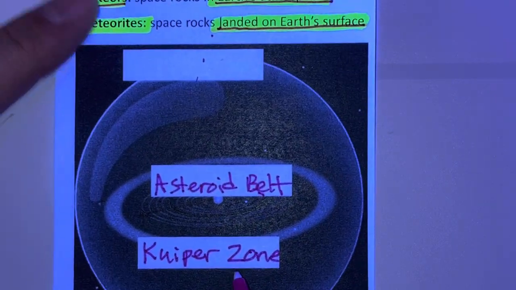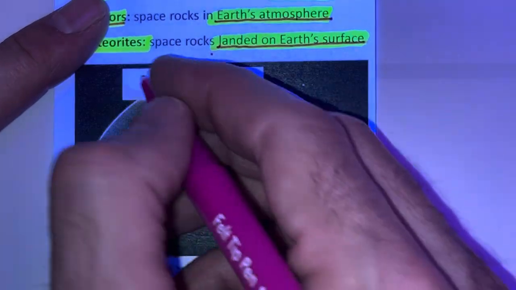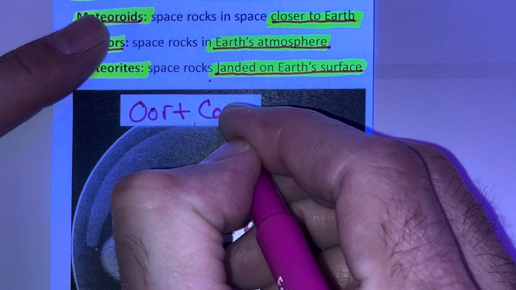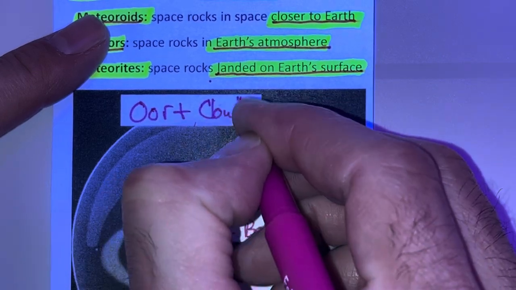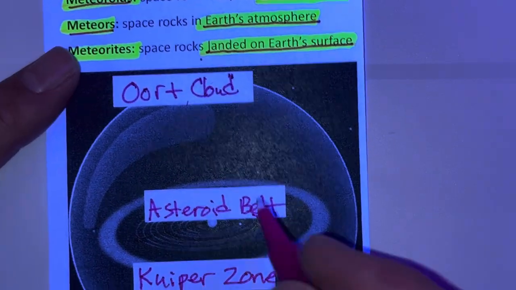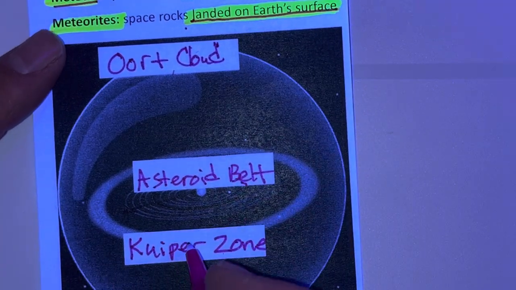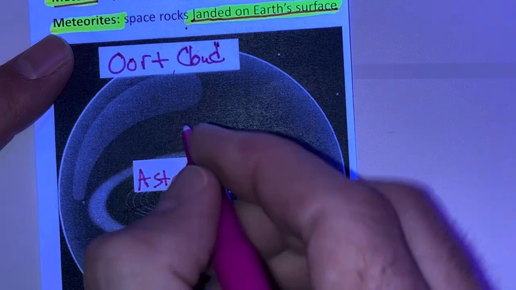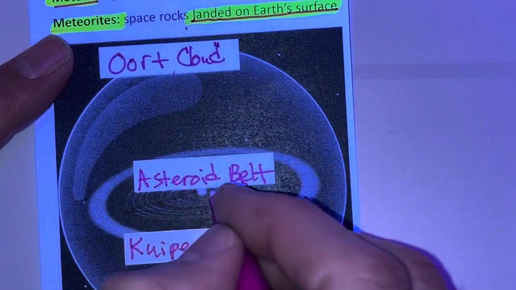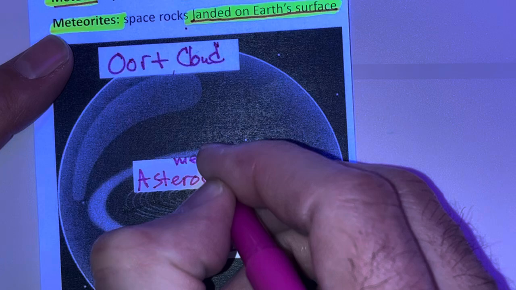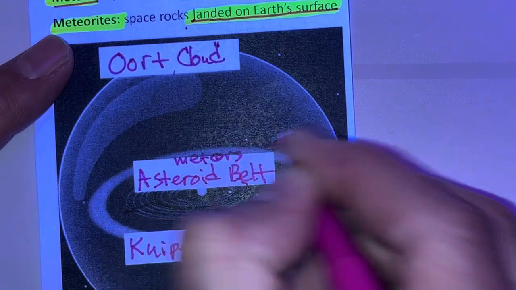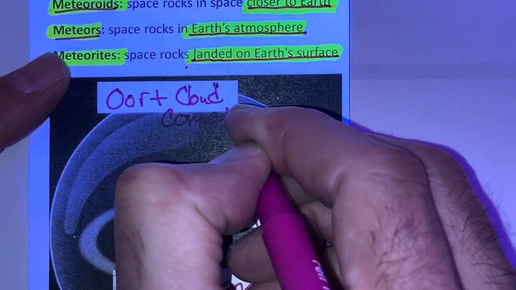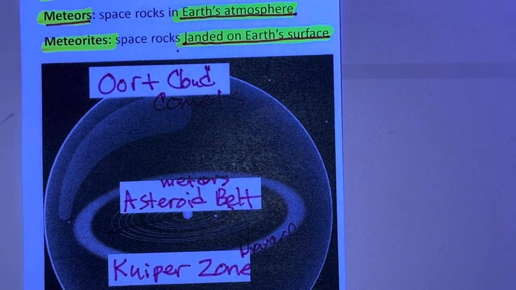And then all the way furthest out is going to be the Oort cloud. Okay, so the Kuiper zone is going to have dwarf planets. These are going to have meteors and asteroids. And then the Oort cloud is going to be focused on frozen icy bodies or comets.